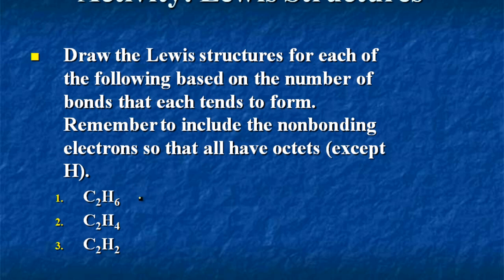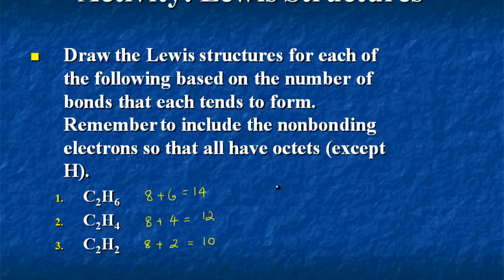C2H6: 2 carbons means 8, plus 6 hydrogens means 6, so 14 electrons. C2H4: C2 means 8, H4 means 4, so 12. C2H2: C2 again 8 plus H2 means 10. Now let's do the structures.